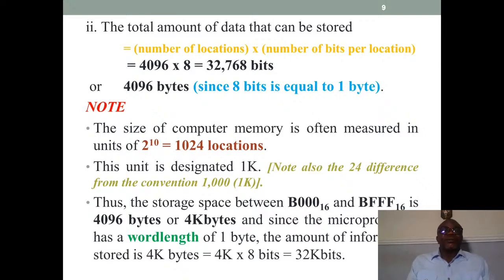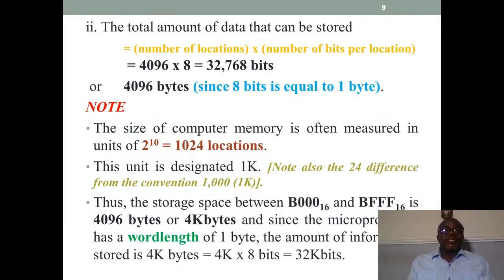So the second question, which is asking us to find the total amount of data that can be stored: each location stores 8 bits, and we have 4,096 locations. So the total amount of data that can be stored will be 4,096 times 8, which is 32,768 bits.